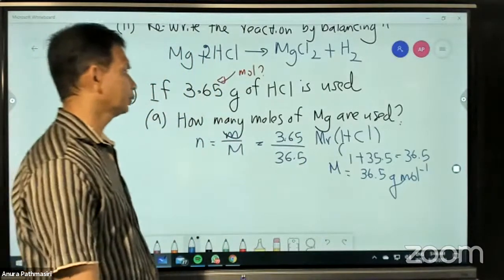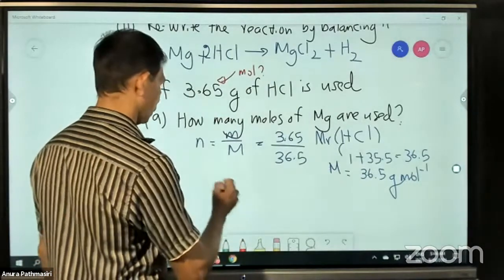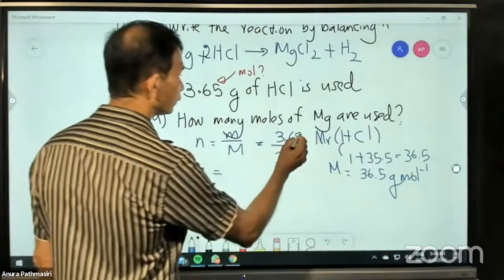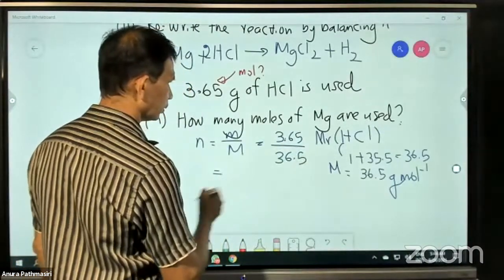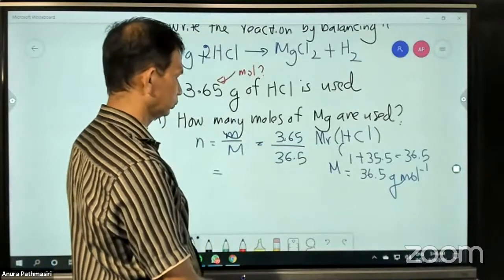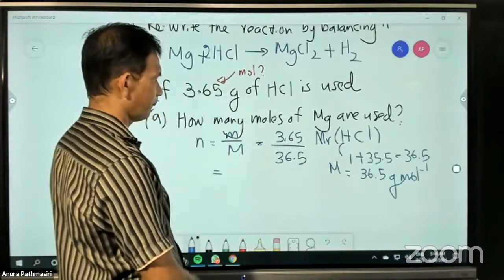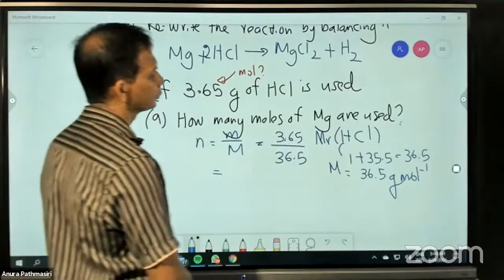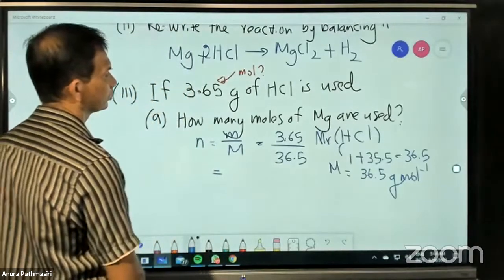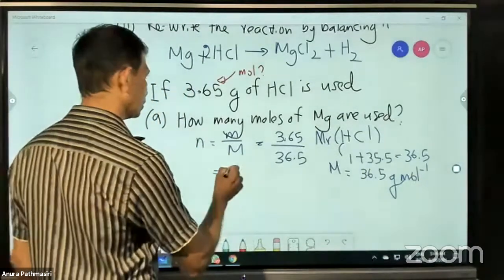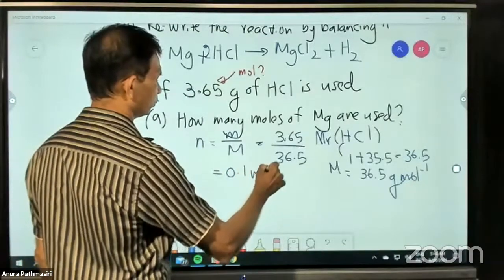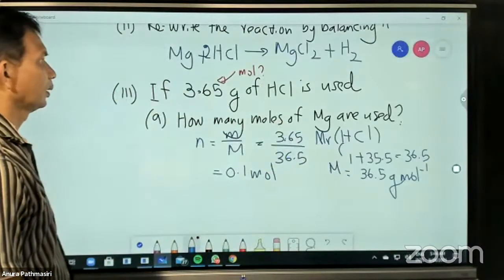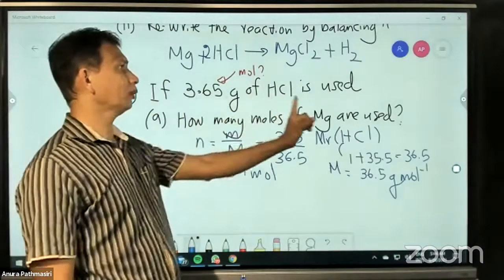What is the value if you divide this? 0.1 or 0.01? 0.1, sir. 0.1 mole if 3.65 gram of HCl is used.